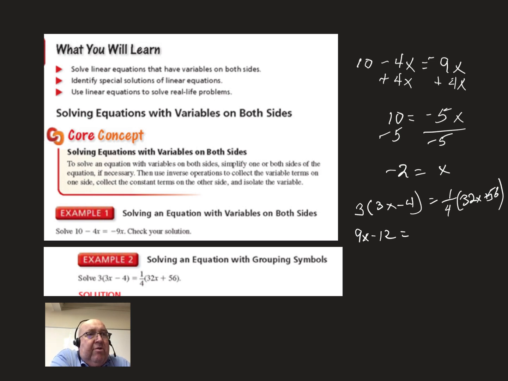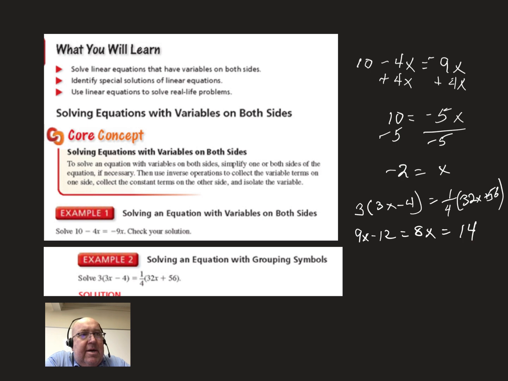Multiplying by 1/4 is the same as dividing by 4, so we're going to get 8x. And I believe this is going to be 14. Let me check that. 4, 1, yep, 14.